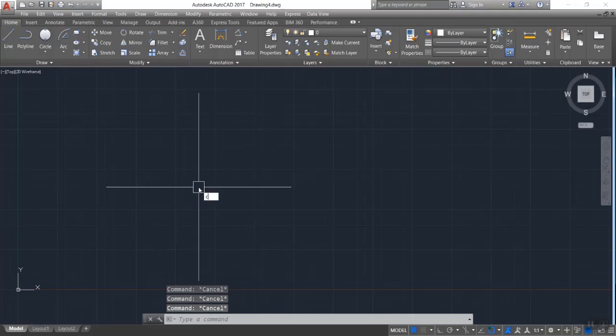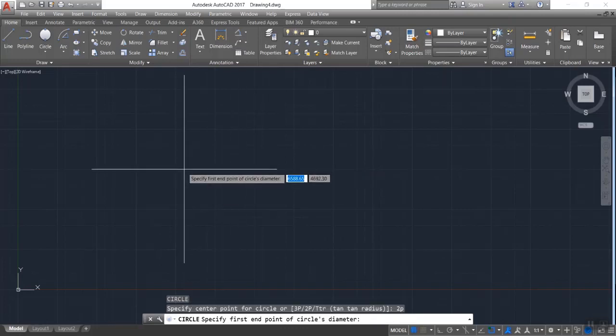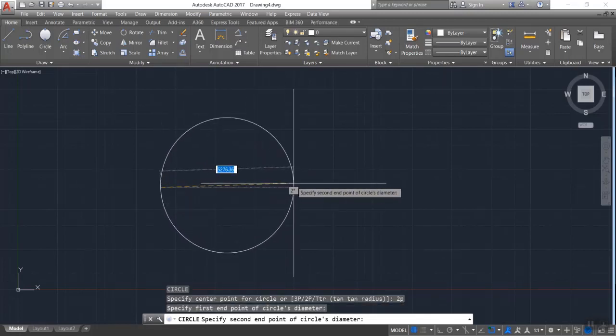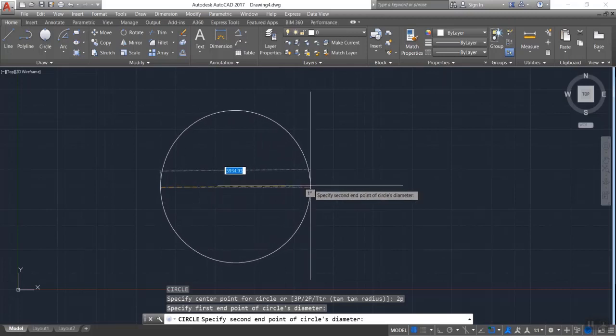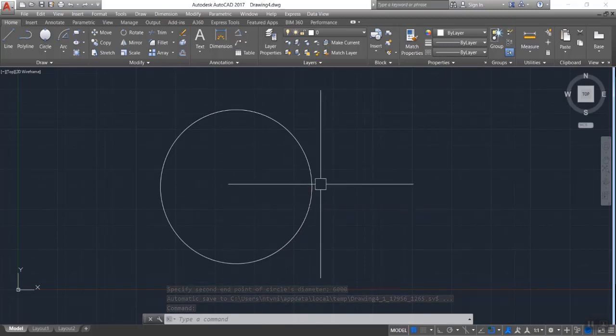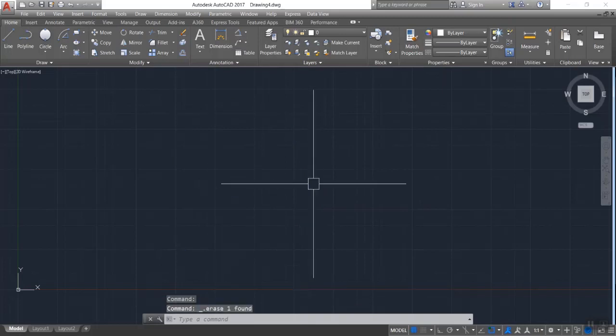C enter, and then 2p enter. So it is 2 points circle. The first point I have mentioned, and the second point I can mention. Okay, I need a length of say 6000.